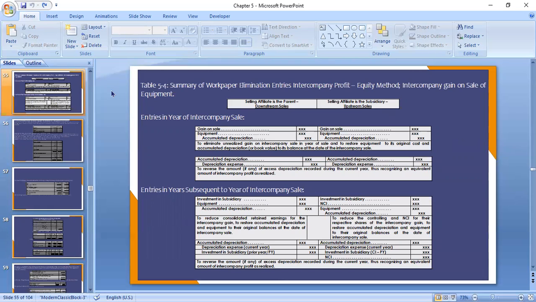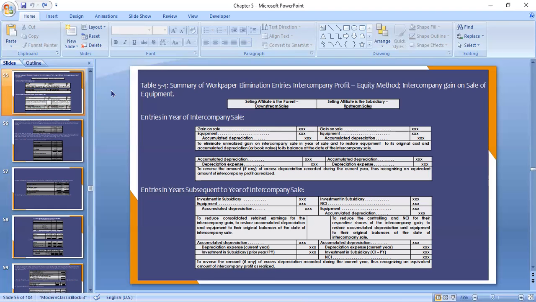So the entries in the year of intercompany sale: we debit gain on sale, debit equipment, and credit accumulated depreciation if the selling affiliate is the parent.